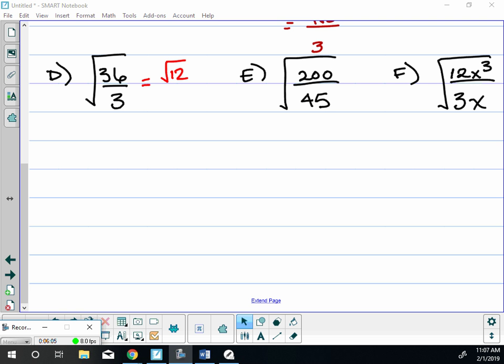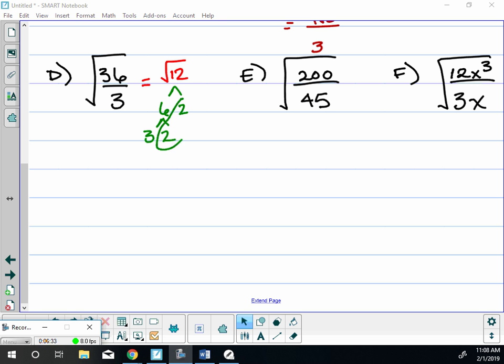Now, is that simplified? How do we know when it's simplified? We break it down and see if there's any pairs. So what two numbers multiply to 12? 6 and 2? And 6 is 3 times 2.